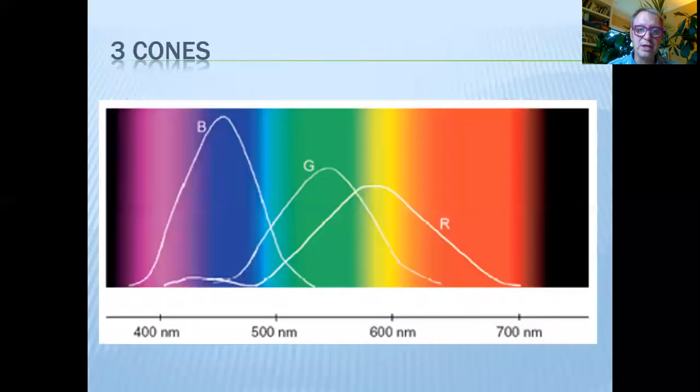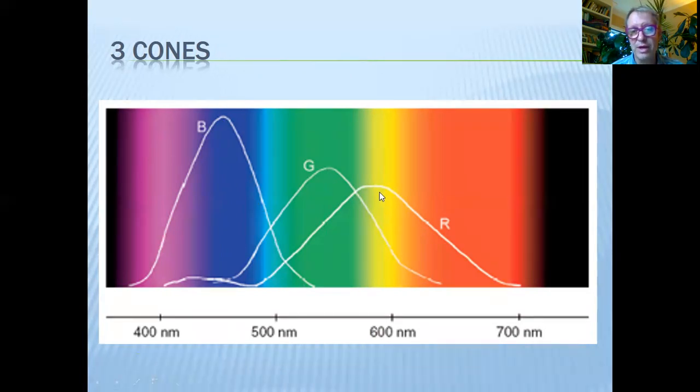If you look at this, measuring the wavelengths of the electromagnetic spectrum in nanometers, you have some cones that are maximally sensitive to blue light, which is roughly about 450 nanometers. But there's overlap too. They'll respond a little bit less as you get over to 530 nanometers, where the green cones pick up and are responding a lot.